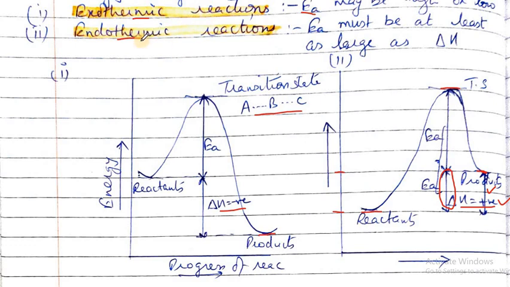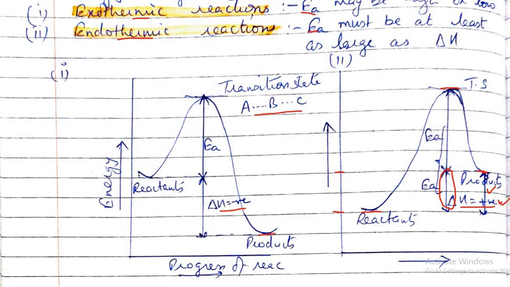But generally in endothermic reactions, EA must be at least as large as delta H; delta H and EA may be similar, but it's not necessary. So mainly in exothermic reactions, energy is released and delta H is negative. In endothermic reactions, energy is absorbed and delta H is positive.